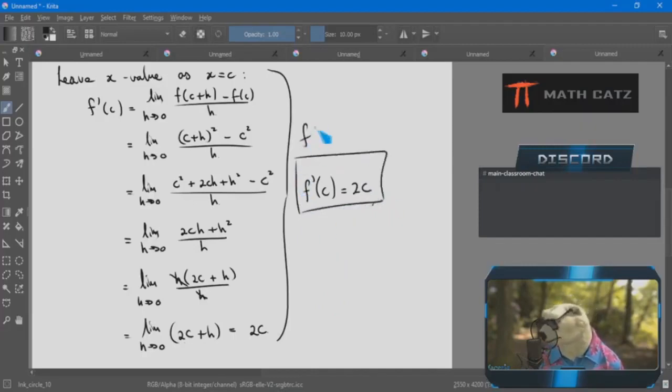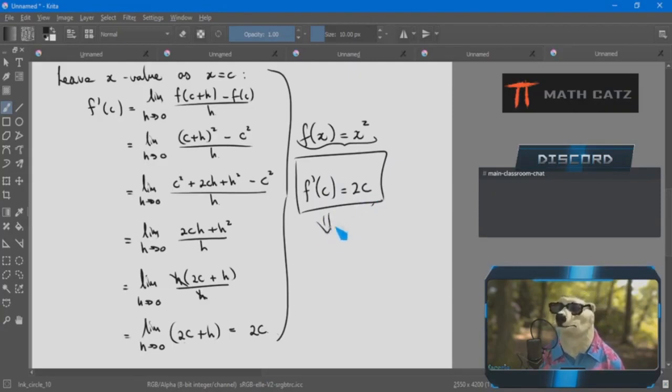So that is now, if my function is x squared, then the derivative at an x value that I've left open and called c is given by the formula 2 times c.